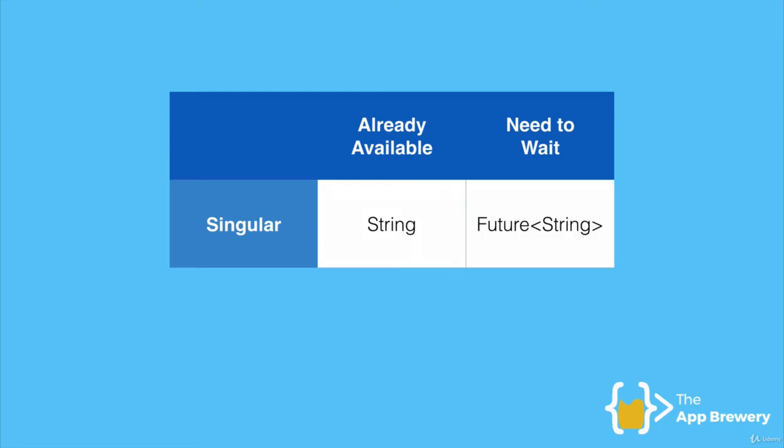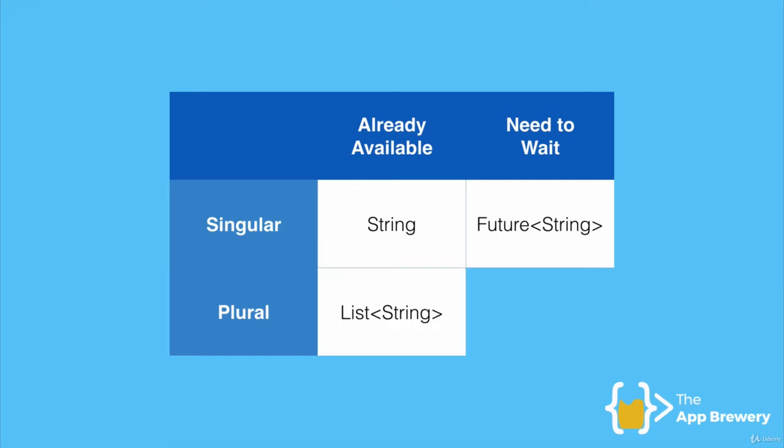So this is something that will be processed asynchronously. It might take a while for us to grab it from the internet, but once it arrives, then we can use it as a normal string. But meanwhile, when we're coding it up and when we're planning for it, the data type is a future string. But what about plural items or multiple items? So the readily available multiple version of a string would be a list of strings, right? It would just be a list that contains many strings.